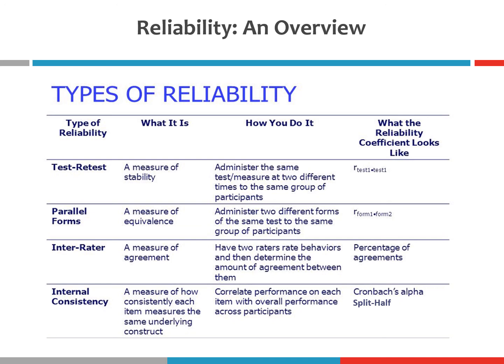So we correlate the extent to which, with Cronbach's alpha, okay, our respondents' answers correlate with each other, okay, and with split-half reliability, we are looking at whether the first half of our respondents' answers correlate with the answers provided in the second half of the test.